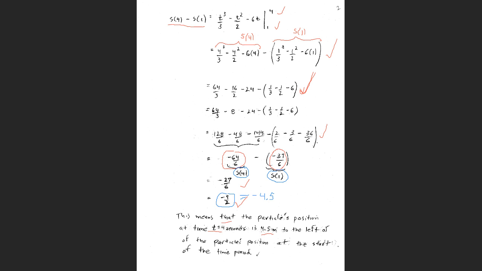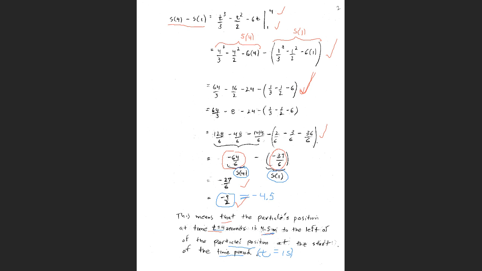And so this means that the particle's position at time t equals 4 seconds is 4.5 meters to the left of the particle's position at the start of the time period. And the start of the time period would be when t was equal to 1 second. So all you're doing is finding, from where the particle started to where the particle is now at the end of the time period.